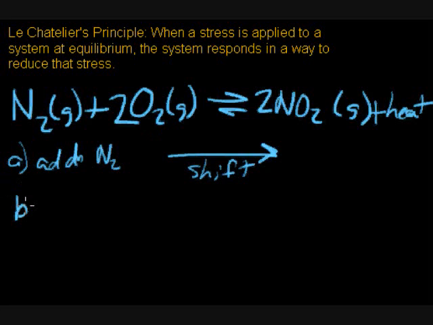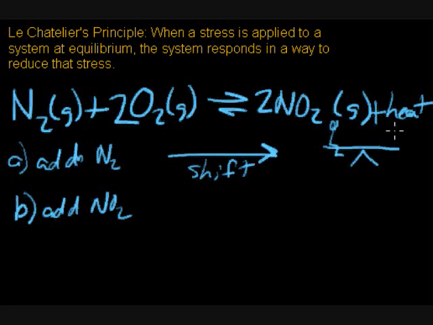Let's look at another situation. Let's say that into the container that has this reaction at equilibrium, we add some extra NO2, nitrogen dioxide. What's going to happen now? So now we've added some extra product. An extra product means that it's not balanced anymore. It's kind of like in our seesaw example, where you have different people on the two different sides and they're balanced.